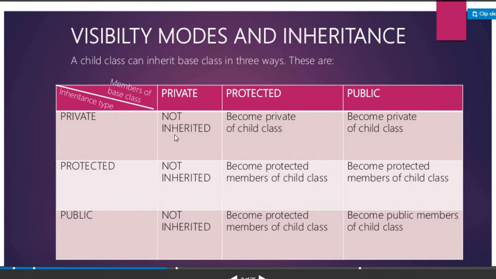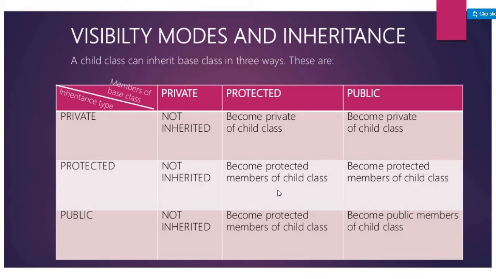If privately inherited, then private members are not inherited, but protected and public members of the base class become private members of the derived class. If protectedly inherited, private members are not inherited, then protected and public members become protected members of the child class.